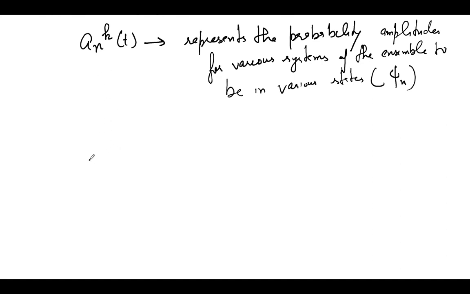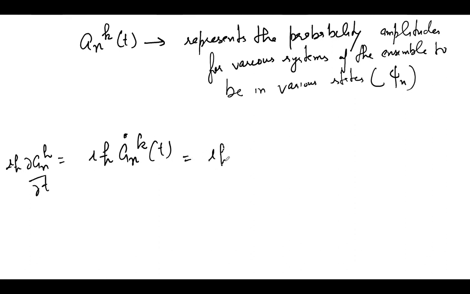Therefore the time variation of this probability amplitude we can write as i h bar a n dot k of t. This dot represents the derivative of a n k with respect to t. So we can write this as i h bar times the integral, putting in the value of a n k of t, of phi n star psi dot k of t into delta tau.